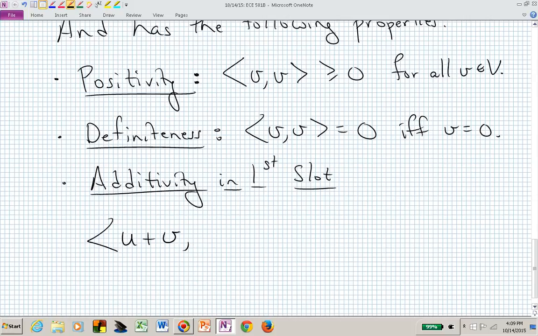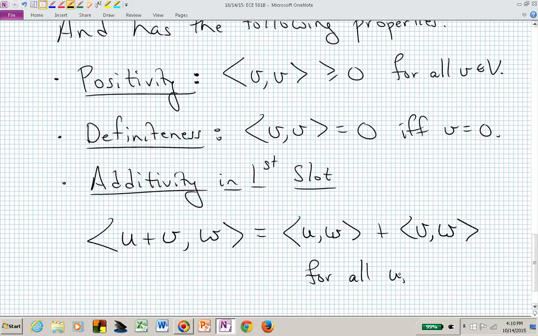So let's say that we now have U and V and a third vector W. Additivity in the first slot just means that we can take the inner product of U and W and add to that the inner product of V and W. So our additivity is working in the first slot, and this is true for all of these vectors U, V, and W that are in our vector space.